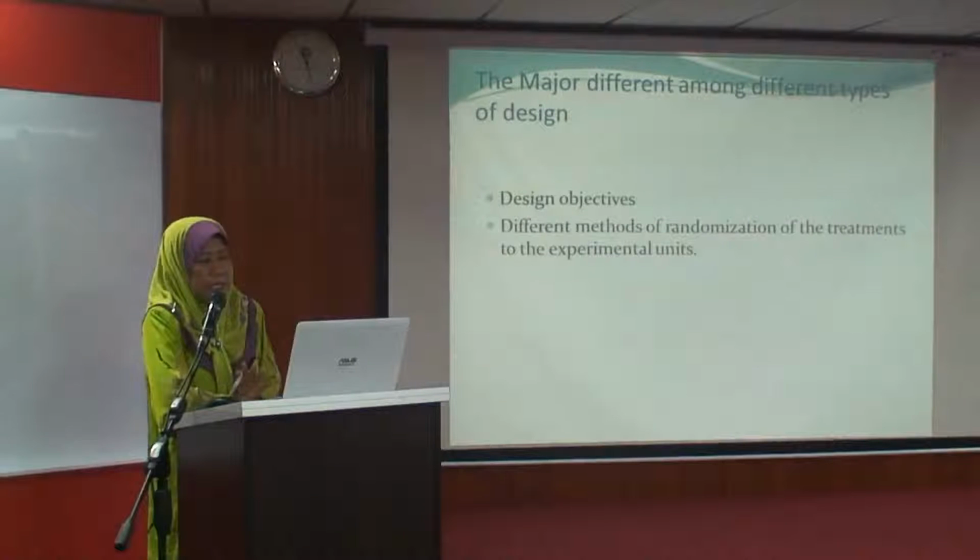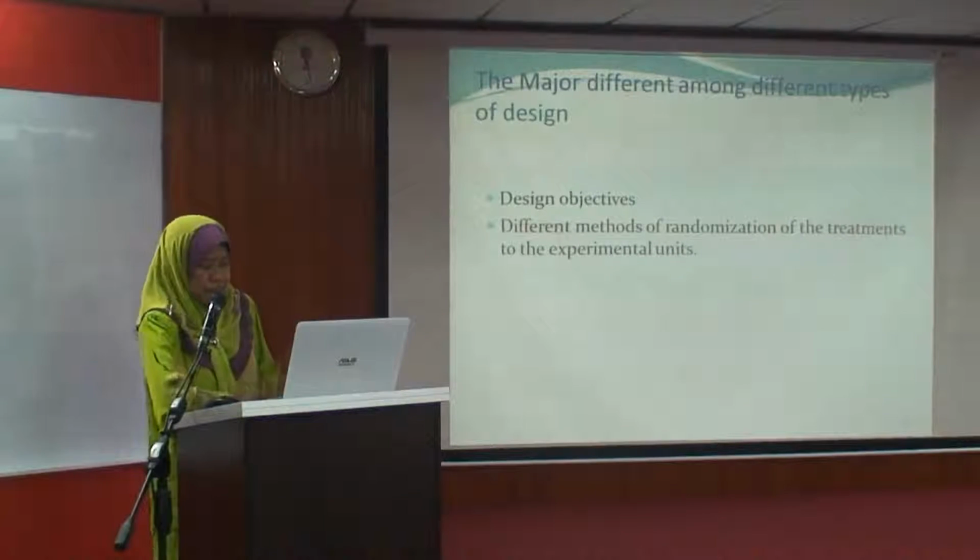Point number one, design objective, and point number two, different techniques of randomization of the treatment to the experimental units. Now, you have to remember this. For completely randomized design, you have to recall what I explained to you last time regarding how to do randomization for the completely randomized design.